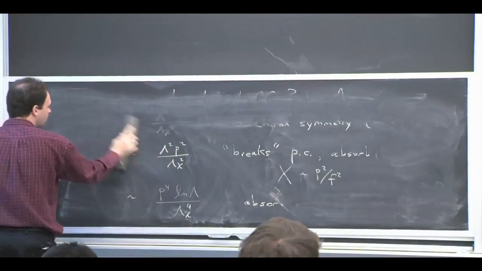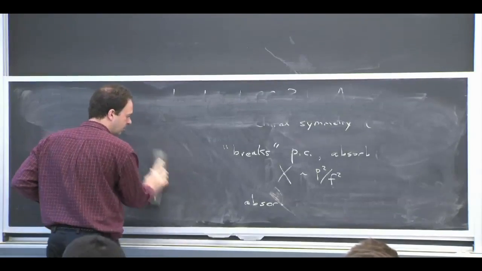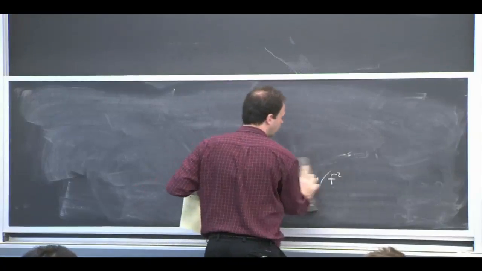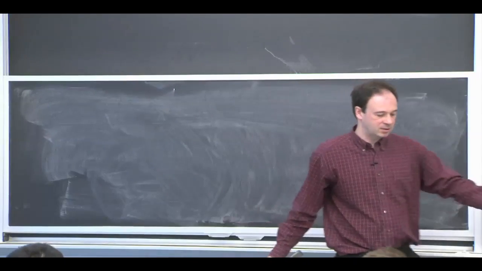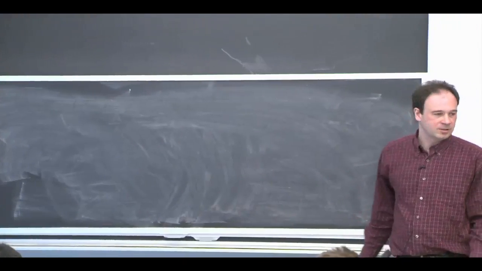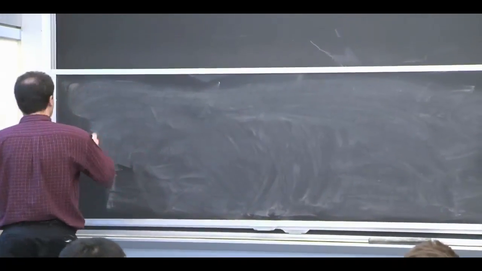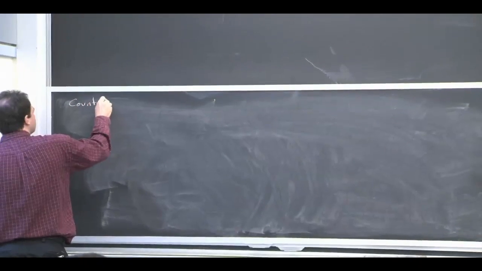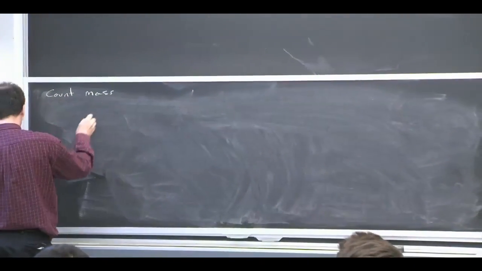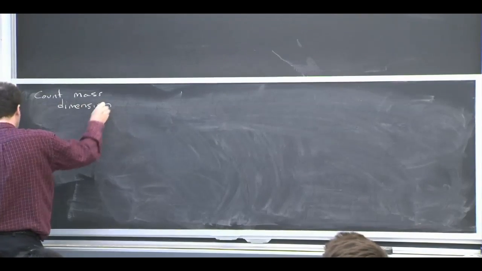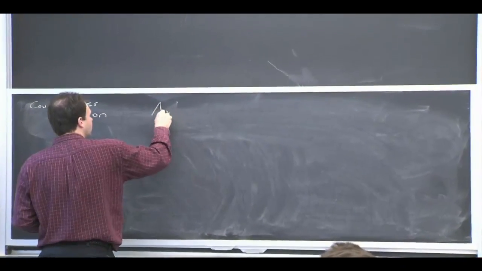So we'll assume we're using a regulator like dimensional regularization, so we don't have to worry about the regulator messing up power counting. And basically, that means we could ignore the regulator as far as this discussion is concerned. And we just count. And effectively, we can just count mass dimension. So we'll count lambda chi factors.